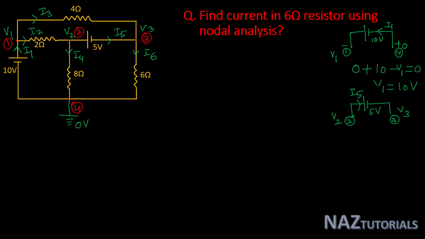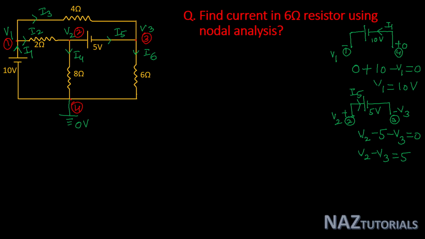Now write the equation according to the current direction, that is V2 minus 5 minus V3 is equal to 0. This is the plus terminal, this is the minus terminal. So here you get V2 minus V3 is equal to 5. We write the equation according to the current direction. So now we get two equations from the source voltages.